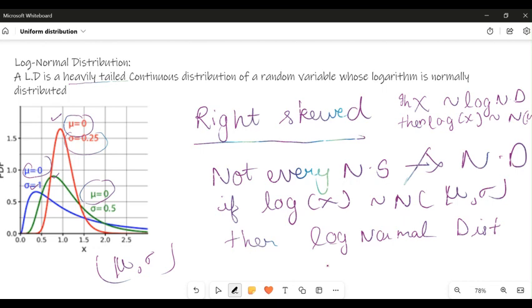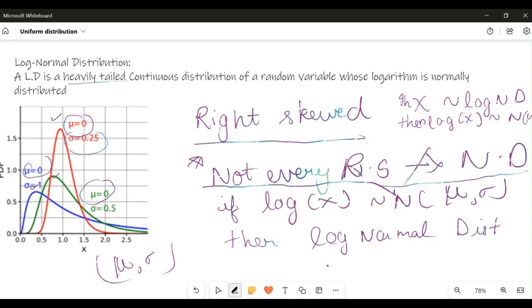It's looking like right skewed data, but not every right skewed data is normally distributed. This is the most important part related to the log normal distribution.